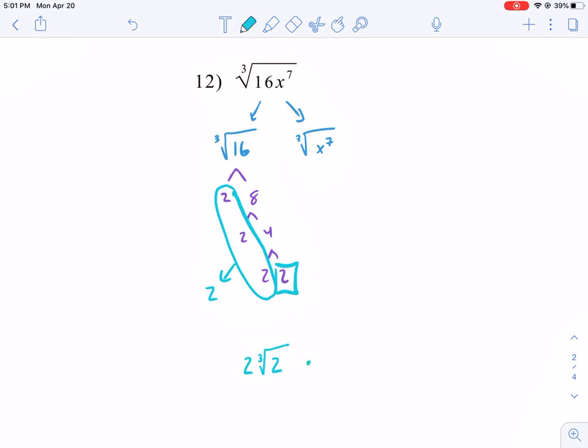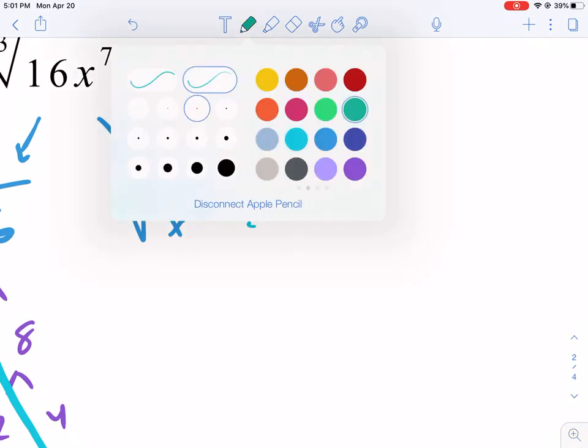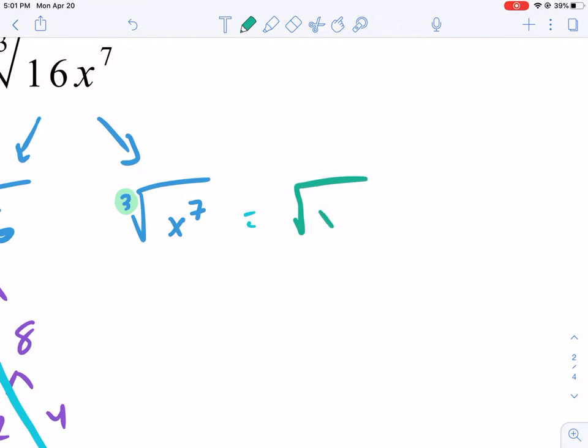So now we just need to multiply this by whatever this is, and we're going to do that in just a second. For any time we have a variable, we're going to think of the biggest factor of x to the 7th that's divisible by 3. Well, in this case, it's going to be x to the 6th, because x times x to the 6th equals x to the 7th.